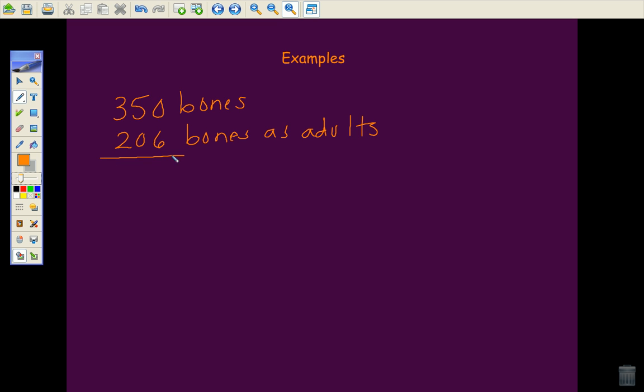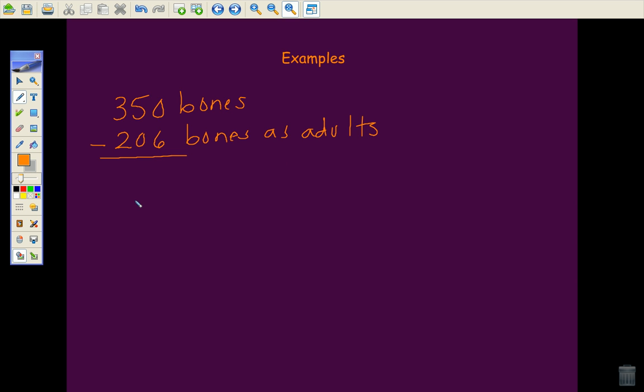So I would like to know how many more bones we have as a baby than we do as an adult. So when I want to know how many more, then I am looking at the difference between adults and children. So I would do a subtraction problem.